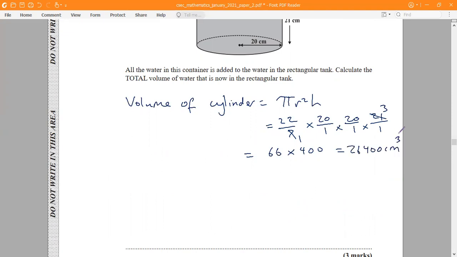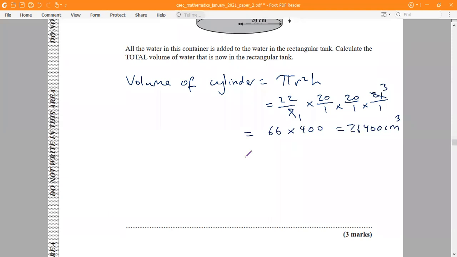So 26,400 cm cube. All right, so this is not the final answer, sorry.